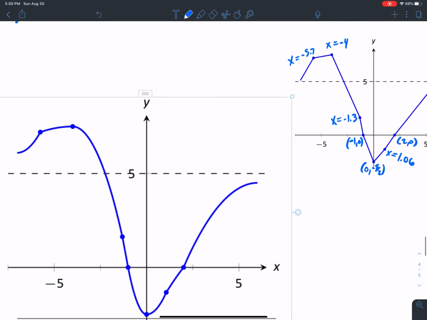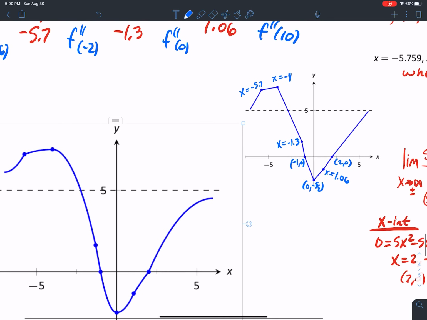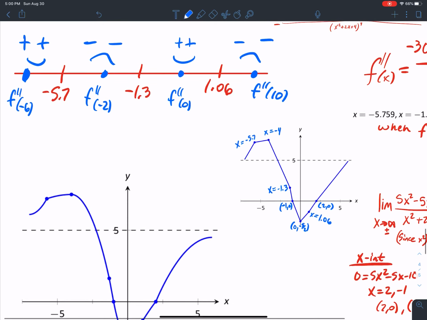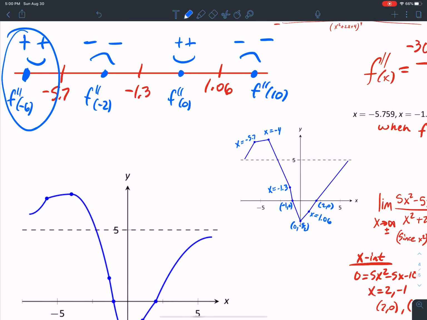And then on the second part here, see this first graph, all it did was tell me I'm increasing, decreasing, increasing, right? There was no concavity here. We use the second derivative to tell us how we're concave. So I'm going to use my highlighter here.